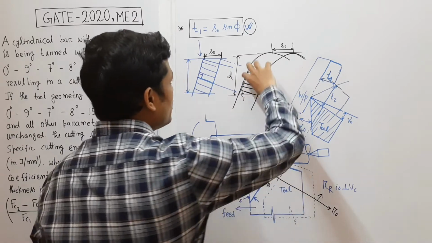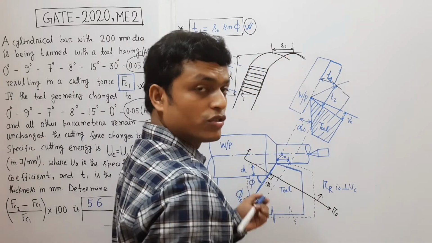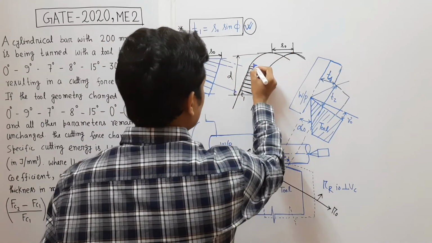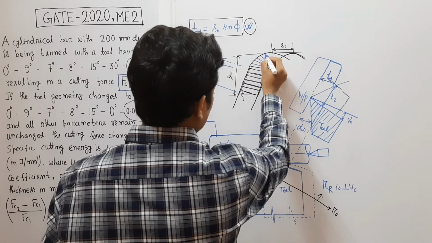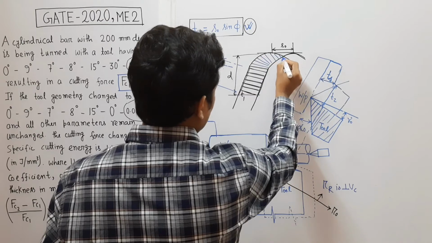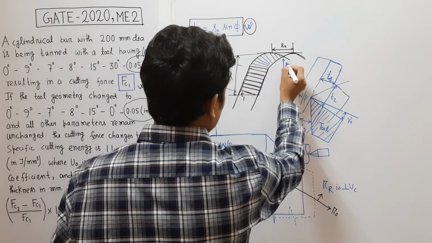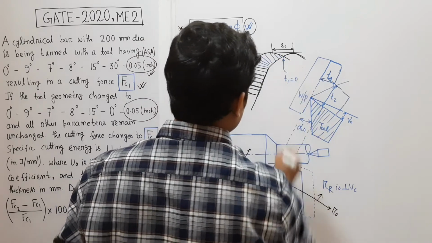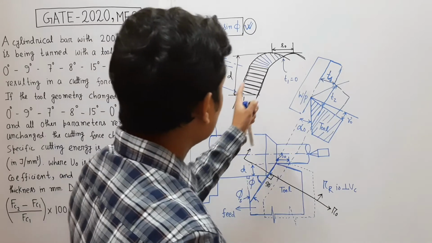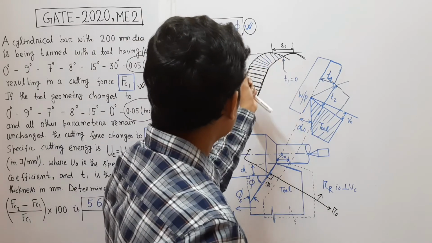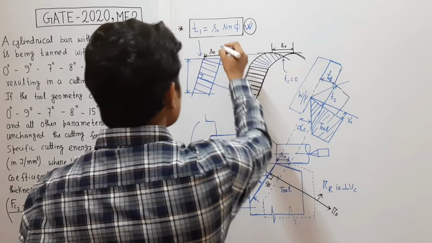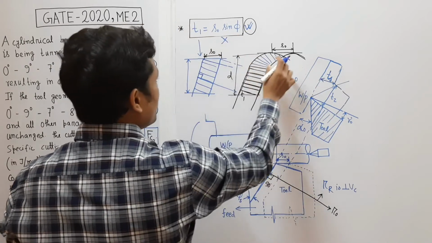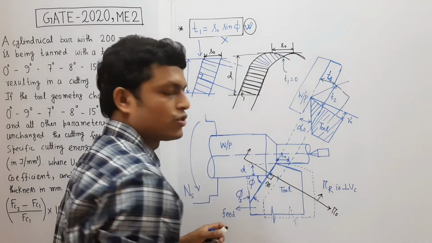But when the curvature due to nose radius starts, T1 tends to change and it is 0 here. So T1 becomes 0 here. T1 is not constant when there is a finite nose radius. So this equation is not valid for the curvature portion.